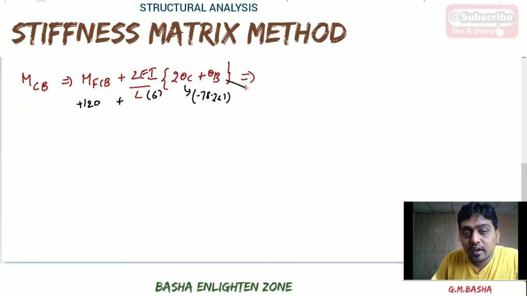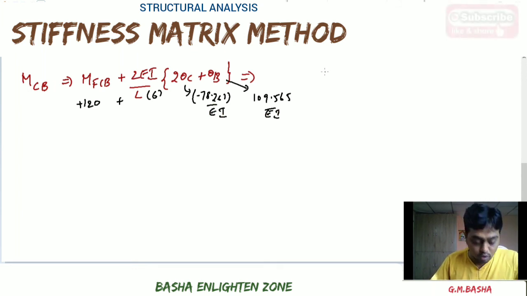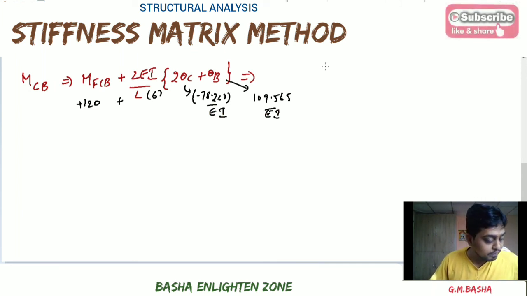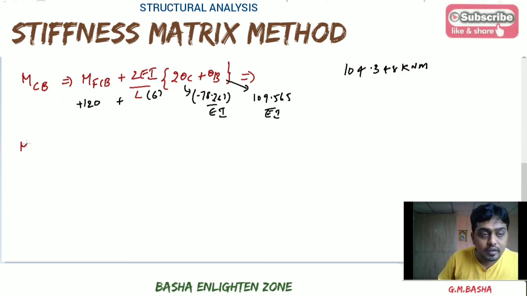In the same way, theta B value will be equal to 109.565 by EI. So please substitute all the values whatever I am giving here in this equation. Directly you will get the fixed moment for CB, so after simplifying you will get 104.348 kilonewton meter.